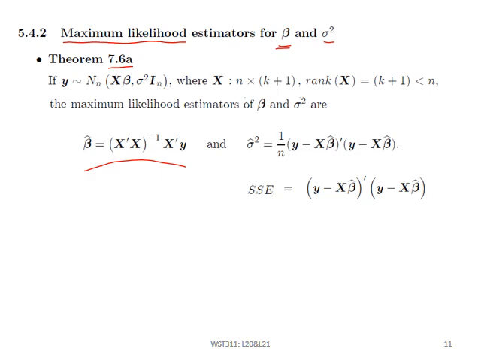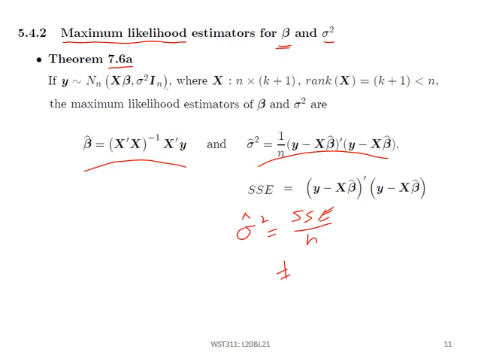The estimator for sigma square is equal to this expression over here. We can also write sigma hat square to be equal to the sum of square errors divided by n, which is not equal to the estimator which we derived previously.